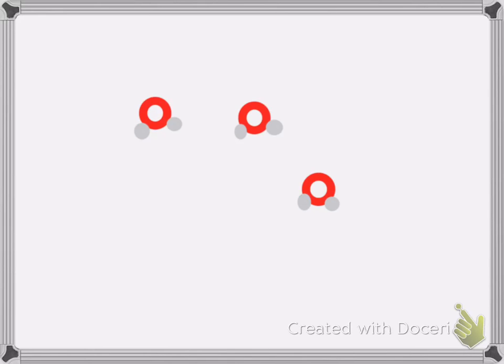So what we know from atomic structure is that the oxygen is a little bit negative and the hydrogen end of the molecule is a little bit positive. And we also remember from 5th grade or wherever that like charges repel and opposite charges attract, right?